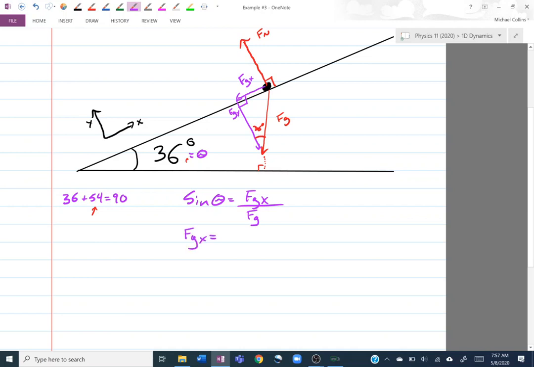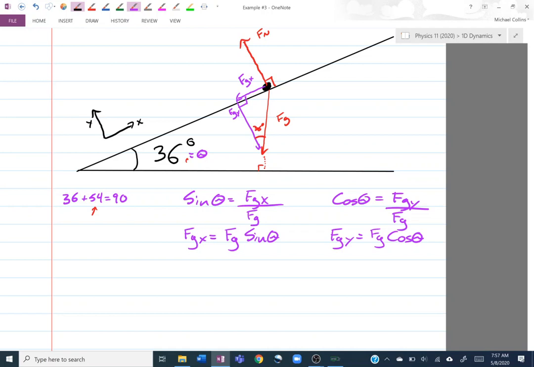That means that FGx is going to be equal to FG sine theta. If I look at cos theta, that's going to be FGy. FGy is adjacent to cos theta, and FG is still my hypotenuse, so FGy is equal to FG cos theta.